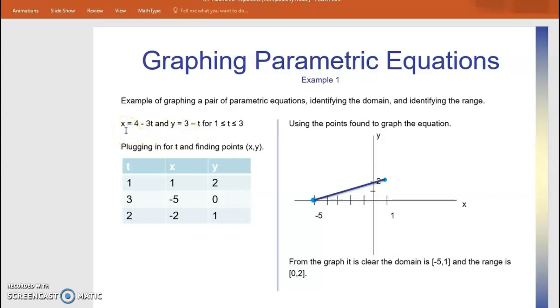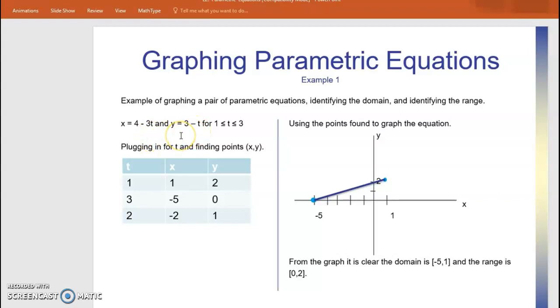In other words, they tell us how the x values are changing as time goes on, and likewise how the y values are changing as time goes on.